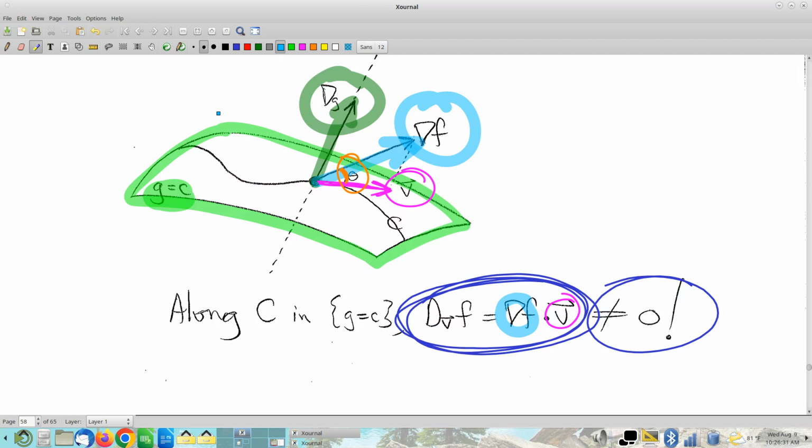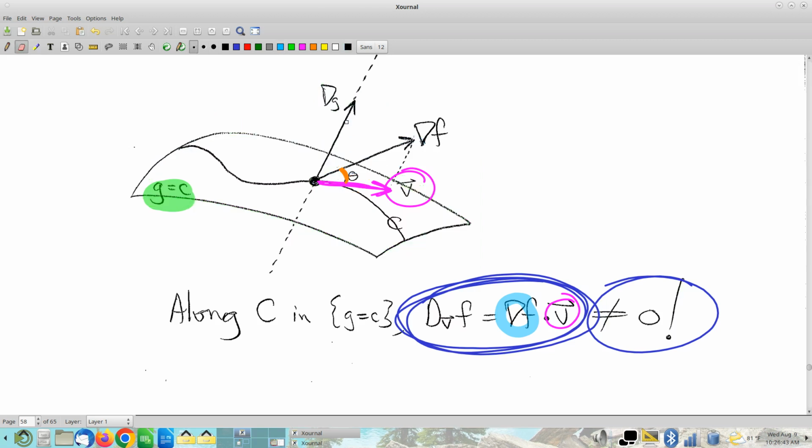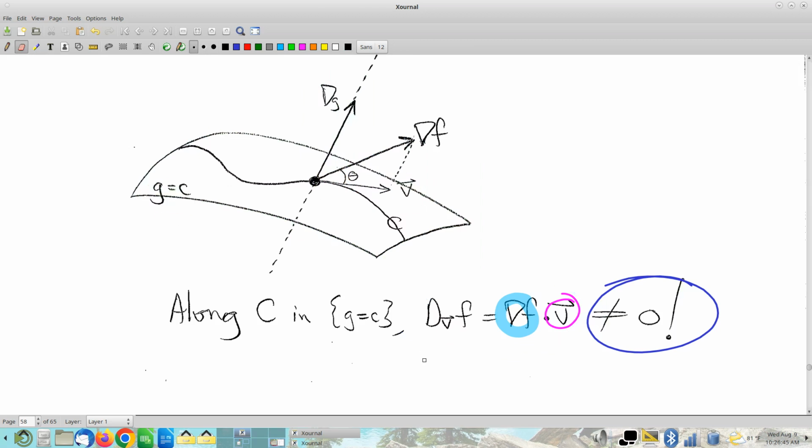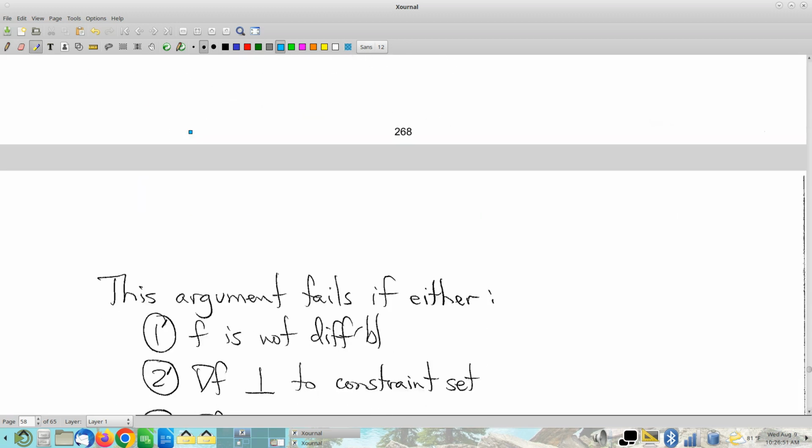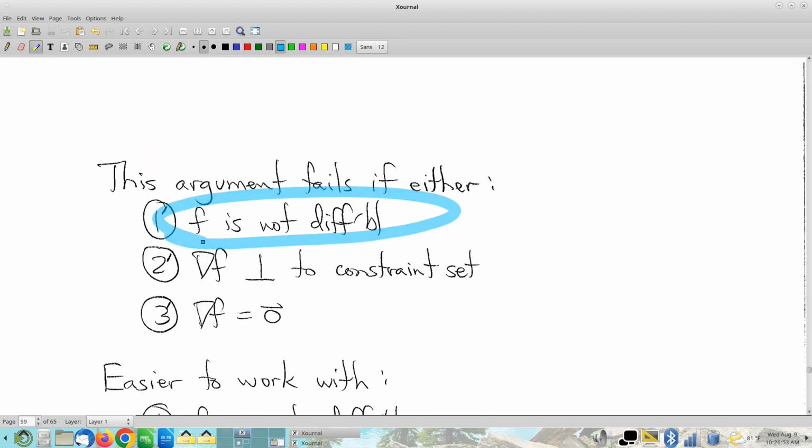What we want to do is ask ourselves, what could possibly make this argument fail? There are several assumptions that went into this argument that we need to acknowledge. The failure of those assumptions will answer our question of how the argument could fail. I assumed in here that the function was differentiable.